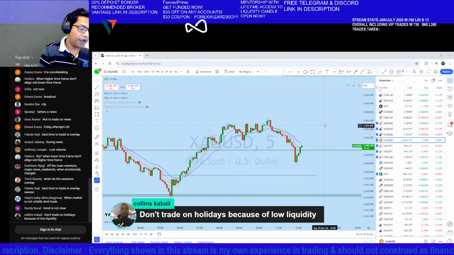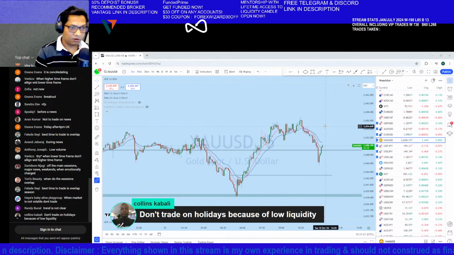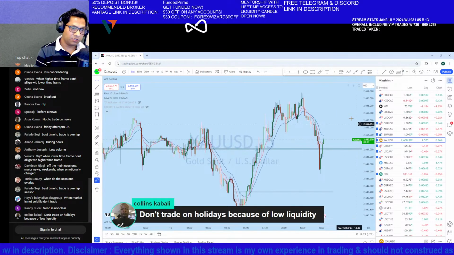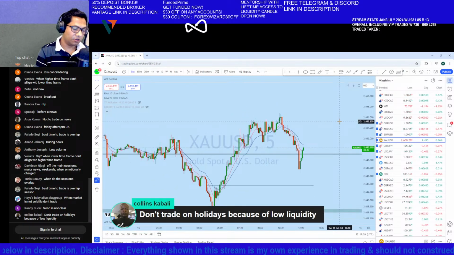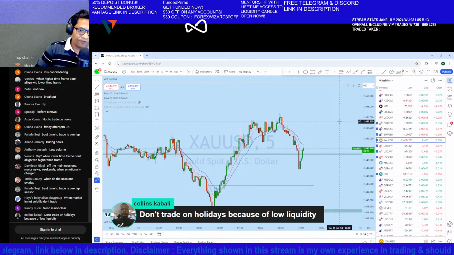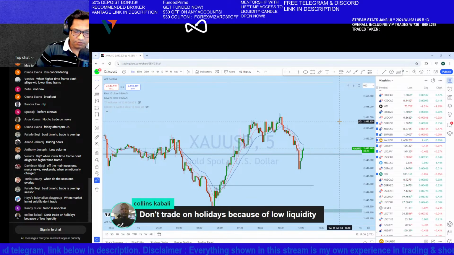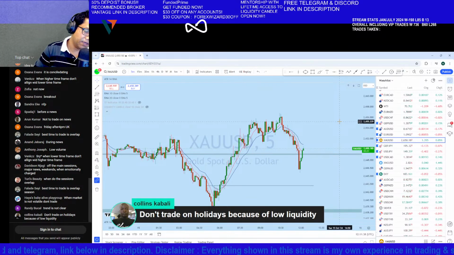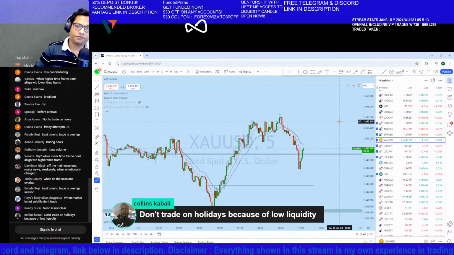Probability is also very important when we are trading. We need to know that in terms of probability, this is a very misunderstood concept.